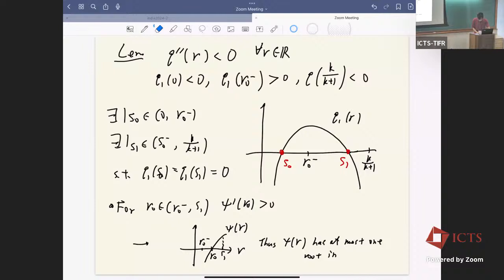At most one root in here, R naught minus to S1. Okay? So in this setting, psi has at most one root. Okay? And then, okay, so let me copy this.